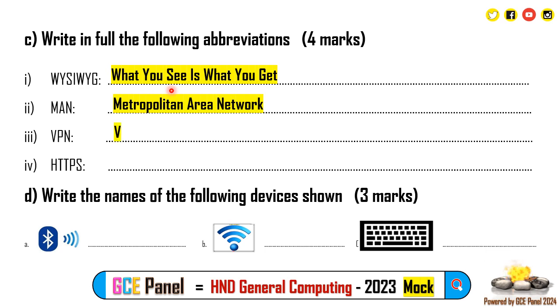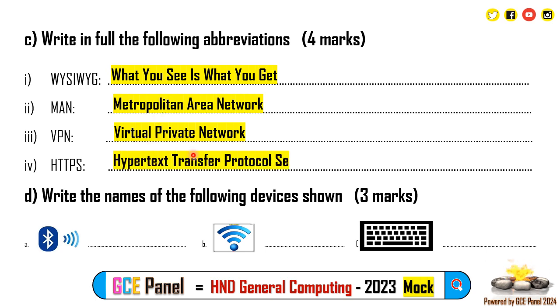VPN. VPN is Virtual Private Network. HTTPS. HTTPS is Hypertext Transfer Protocol Secure.